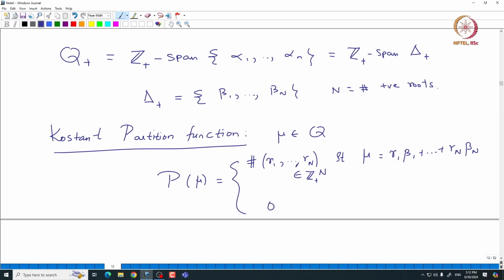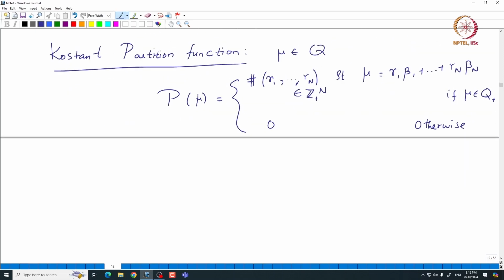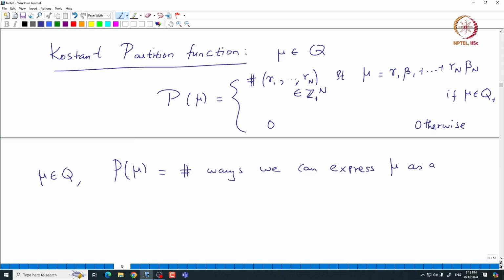Note that what P of mu actually counts, in more plain language, is the number of ways we can express mu as a sum of positive roots.